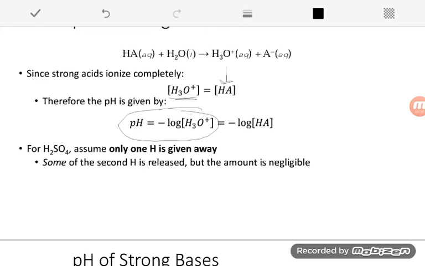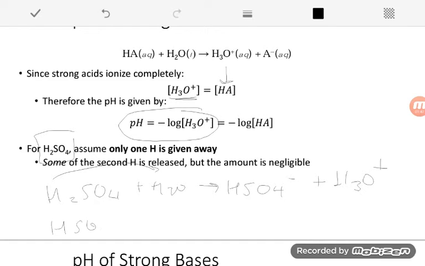Really, really simple. One little note, we do have one polyprotic strong acid, sulfuric acid, H2SO4. Acids only give away one hydrogen at a time. So I'll have that H2SO4 reacting with water, and it'll only donate that first hydrogen. So I'll get HSO4- and H3O+. Now it is true that this HSO4- can then react with water, but this is now a weak acid.